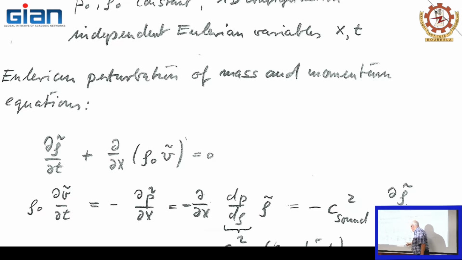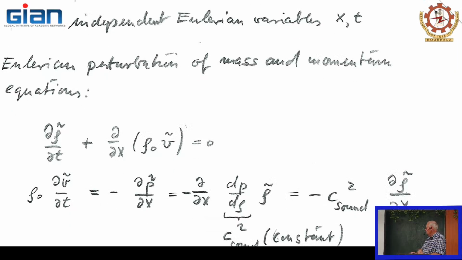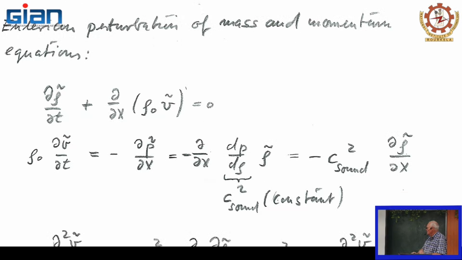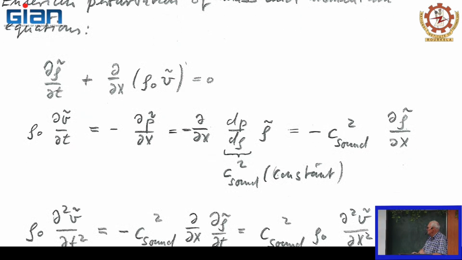Then P tilde is simply dP by d rho, the derivative of pressure with respect to density, times rho tilde, the perturbation of the density. dP by d rho is nothing but the sound speed squared, and we are left with minus c sound squared times the derivative with respect to the spatial variable x of the density perturbation.